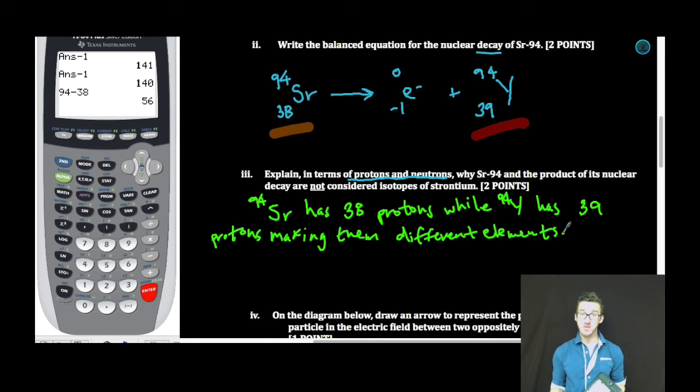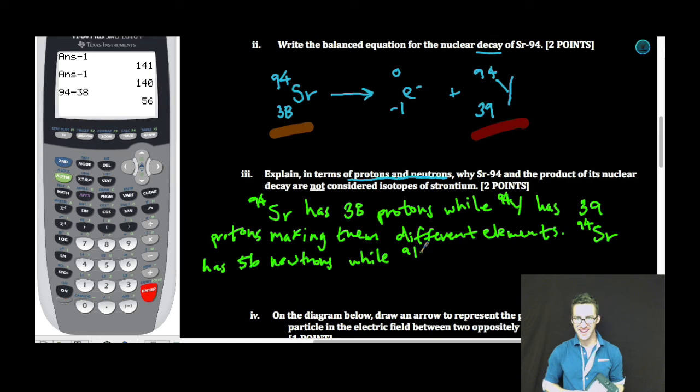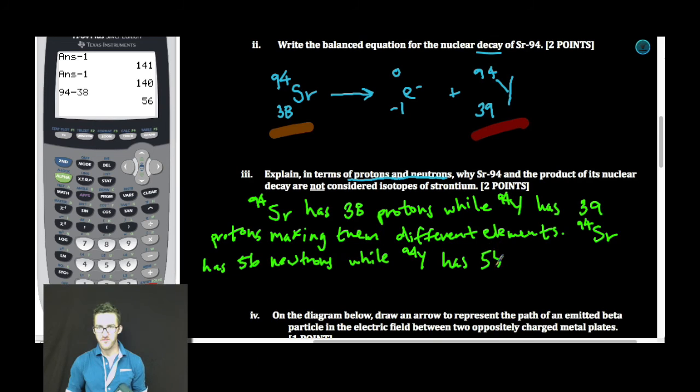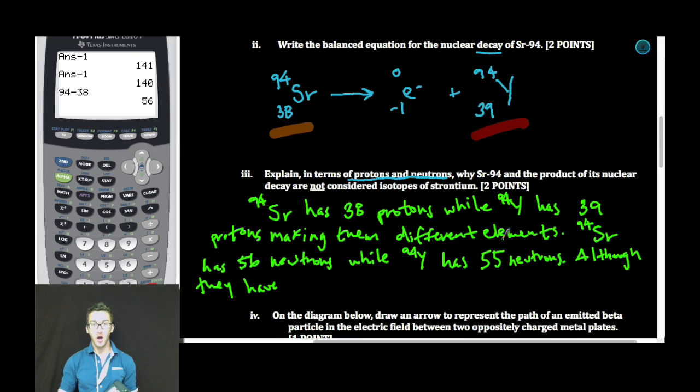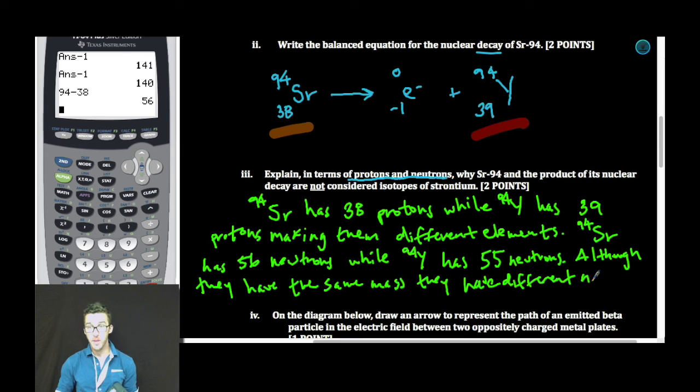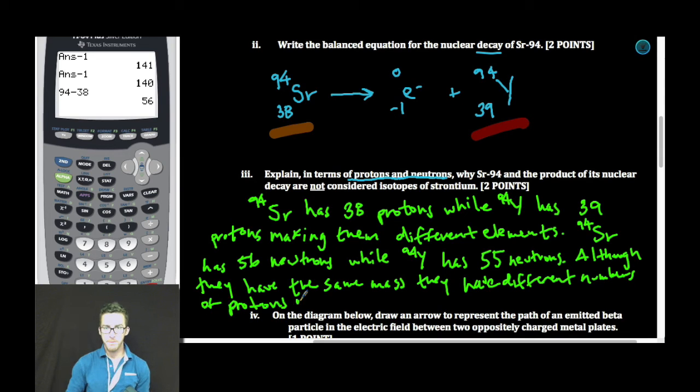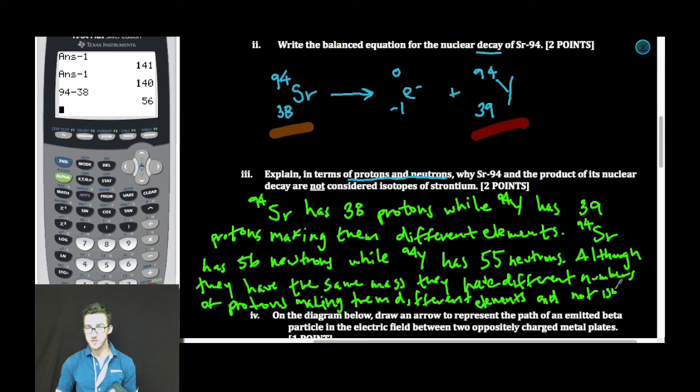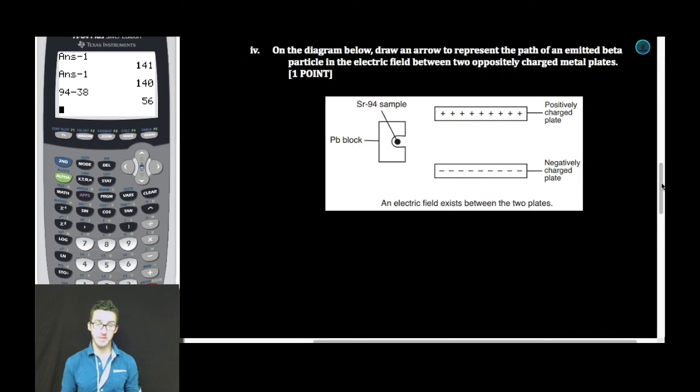Remember, it's the number of protons that we use to identify an element. Strontium-94 has 56 neutrons, while yttrium-94 has 55 neutrons. So, although they have the same mass, they have different numbers of protons, making them different elements and not isotopes of strontium.